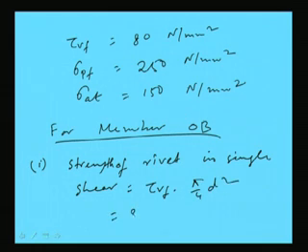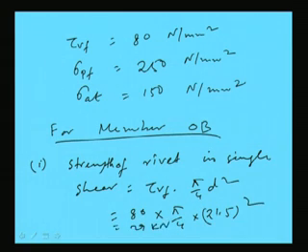So, tau Vf is 80 into pi by 4 and d is here 21.5. So, this will become 29 kilonewton. So, the rivet value due to single shear will become 29 kilonewton.